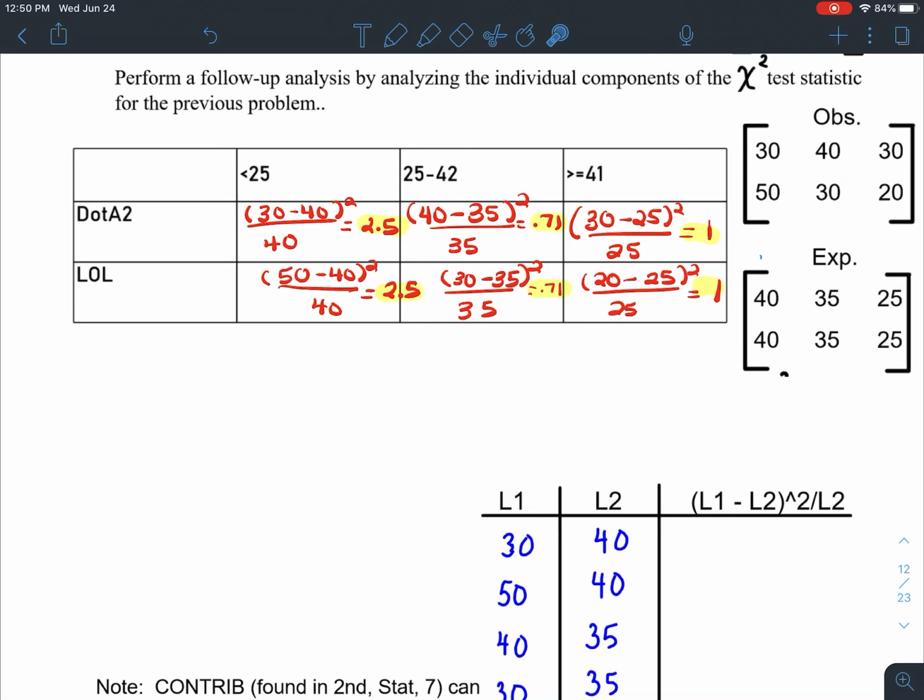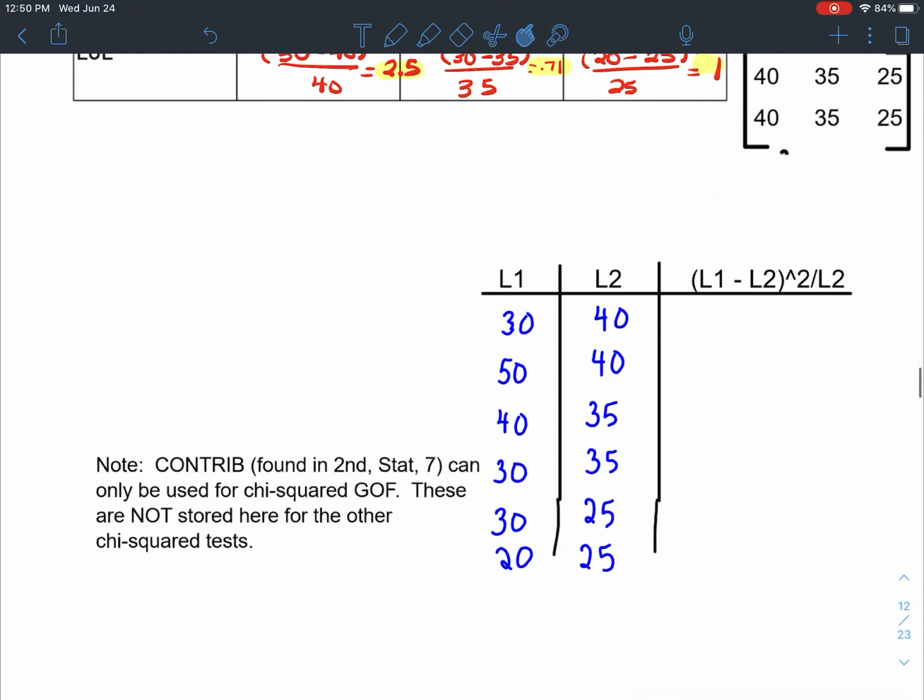Now, how you could do this a little bit on the calculator is you could enter all the observed counts into L1. You could enter all the expected counts into L2. And then you could, with the cursor on the top of L3, define that to be L1 minus L2 in parentheses squared, and then divide by L2.